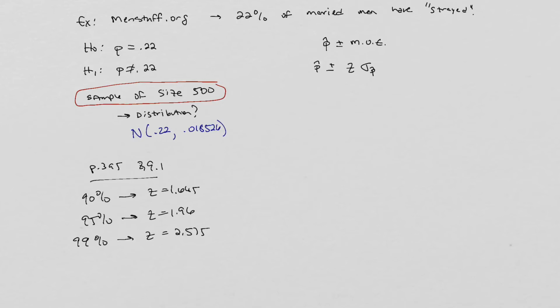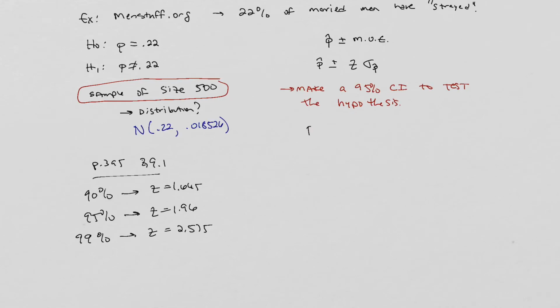All right, so what we're going to do in this particular problem is make a 95% confidence interval to test the hypothesis. So what that means is my z-score here is going to be 1.96.